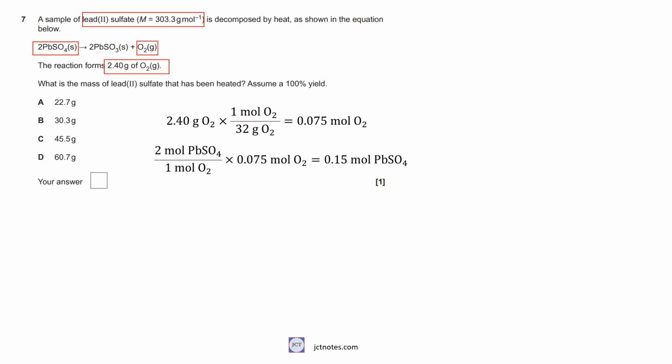As from the equation given, we know that 2 moles of lead sulfate give 1 mole of oxygen. 0.075 moles of oxygen are produced by 0.15 moles of lead sulfate. Using the provided molecular mass of the lead sulfate, we can find that 0.15 moles of this compound are 45.5 grams. The answer is C.